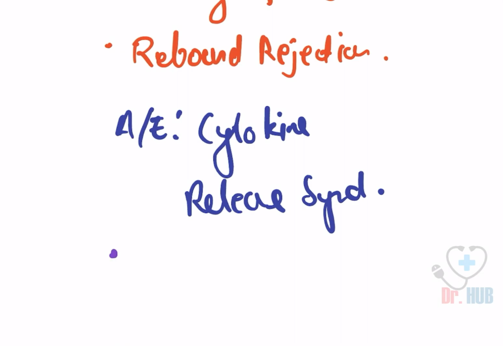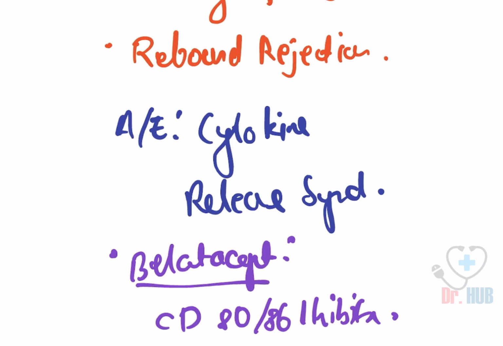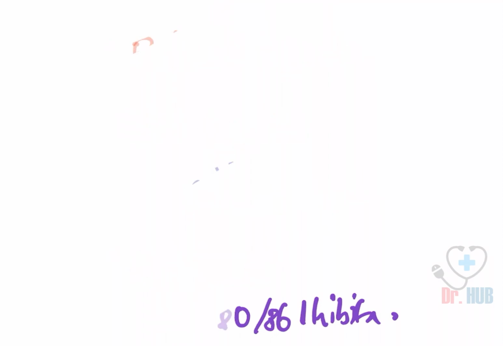Next, we look at the drug, the Belatacept. So Belatacept is a CD80 and 86 inhibitor. Next, we look at the alimetuzumab.